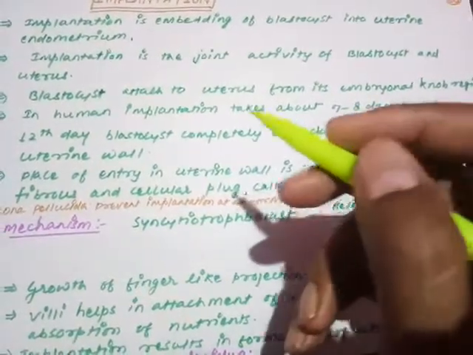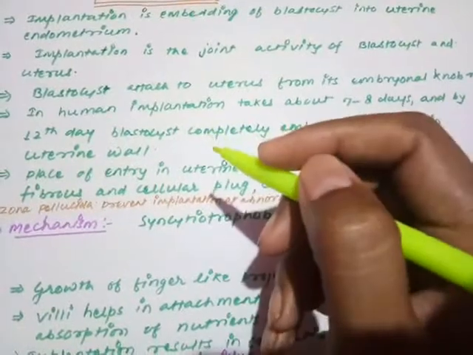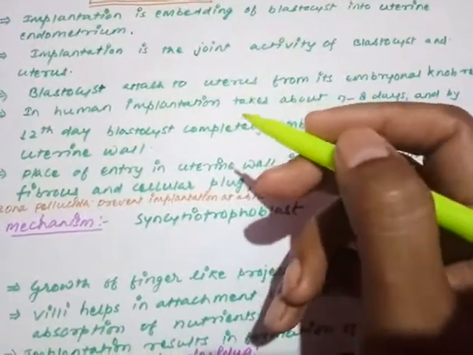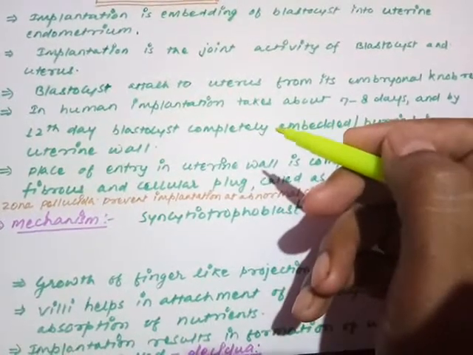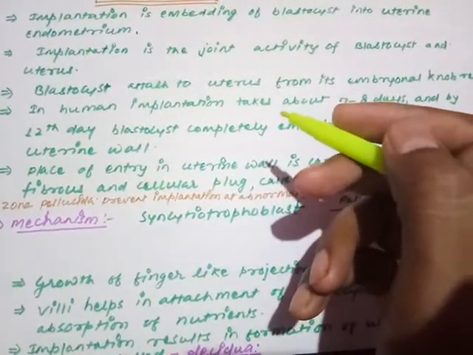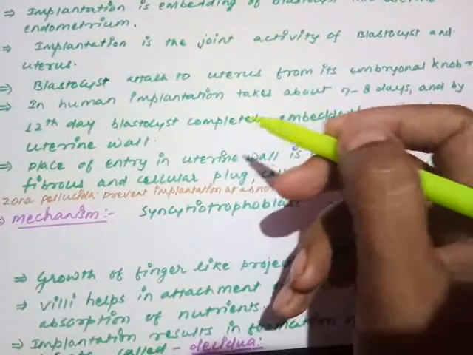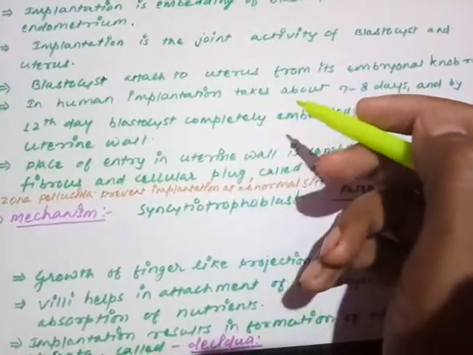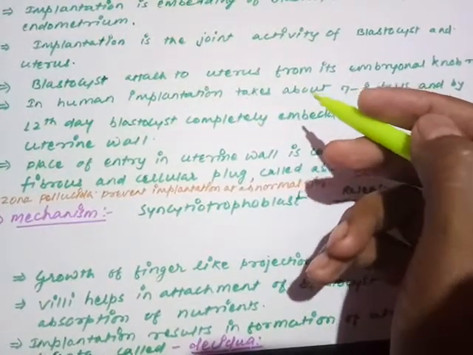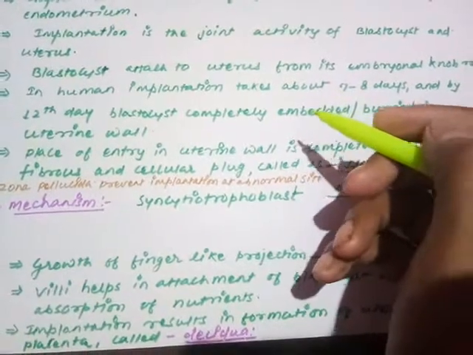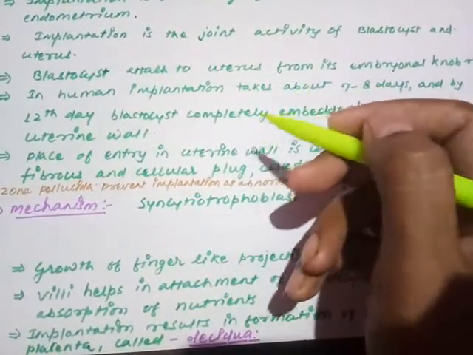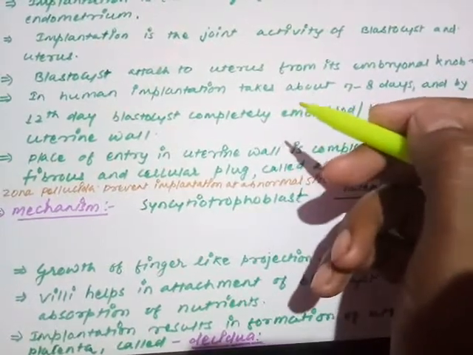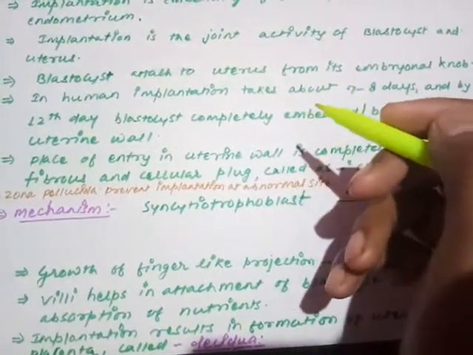Remember, the process of implantation starts after 7 to 8 days. Once again, after which time period? After fertilization. So in humans, implantation starts about 7 to 8 days after fertilization, but the complete implantation process is completed in about 12 days, when the blastocyst is completely buried inside the endometrial lining.